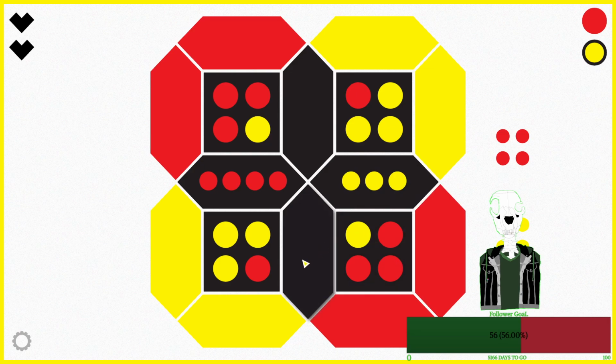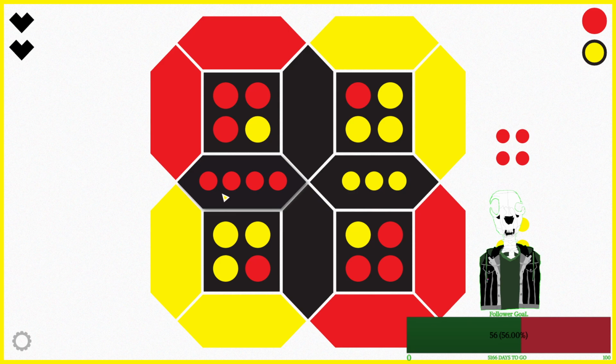If we assume this is a red, this is a yellow, so this would be a red, and this would be a yellow. Would this be touching the 4 reds it needs? So red, yellow, red, yellow. 1, 2, 3.